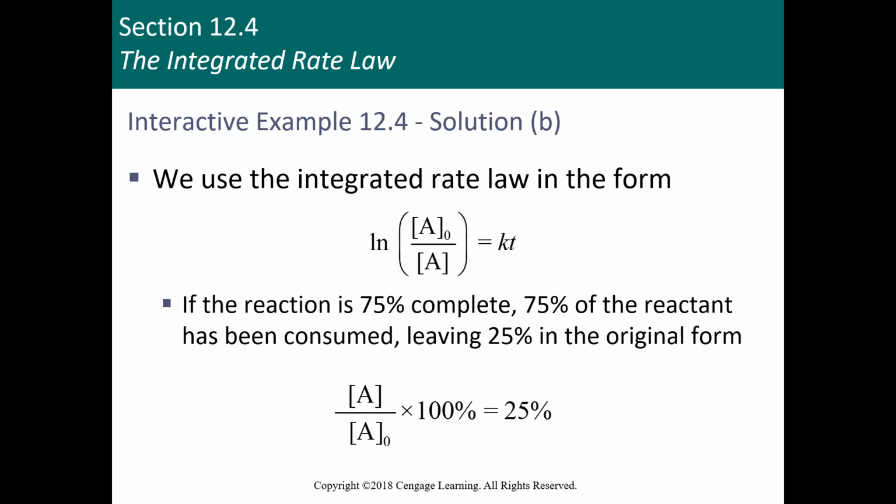So what we have here is we have 25% remaining. How do we calculate that? Well, we take the A at that time we're talking about, divided by the initial amount, which would be all of it, 100%, and that's times 100%, right? And that is how we figure out percentages.